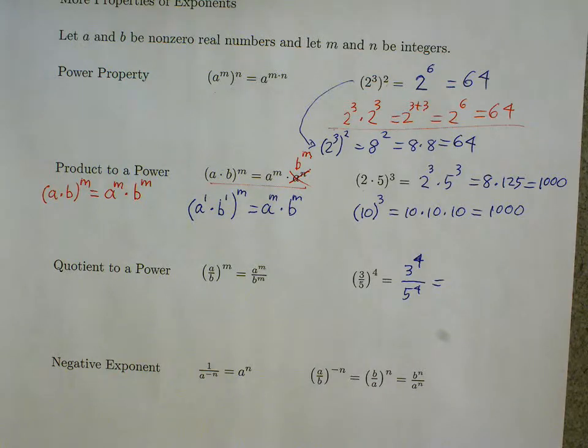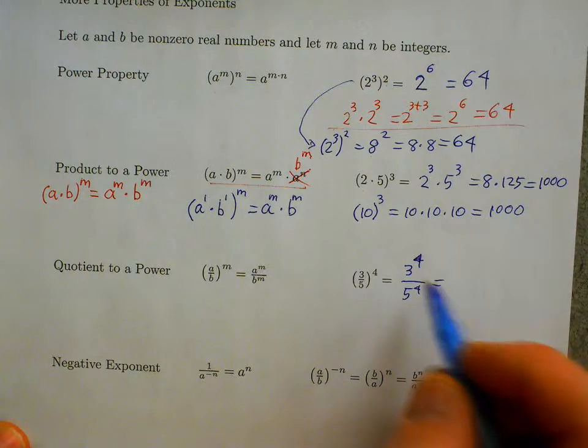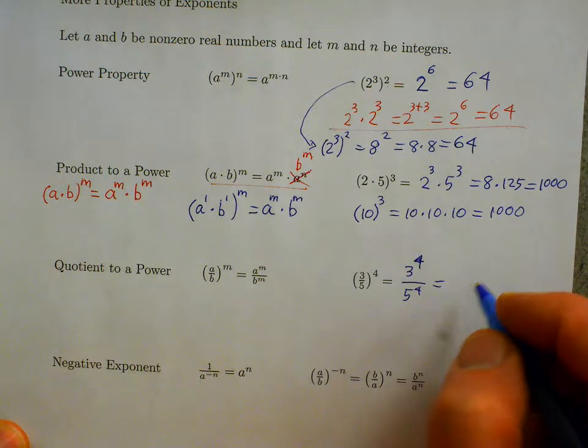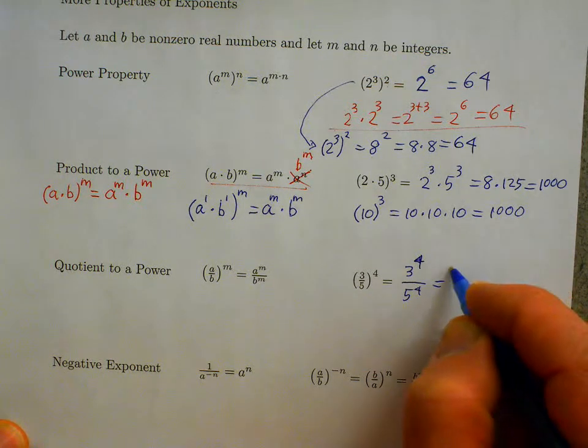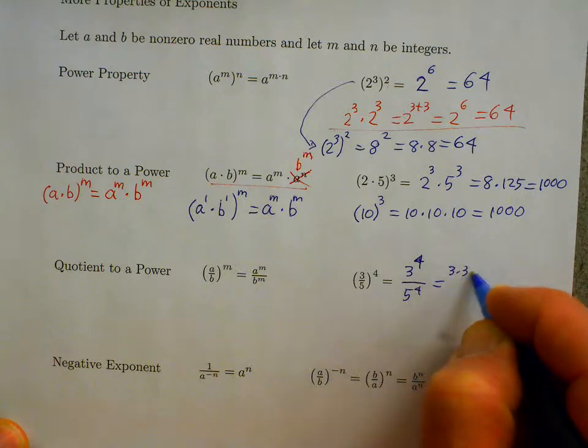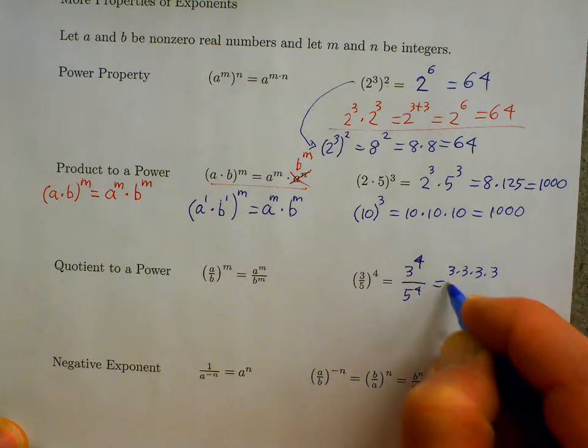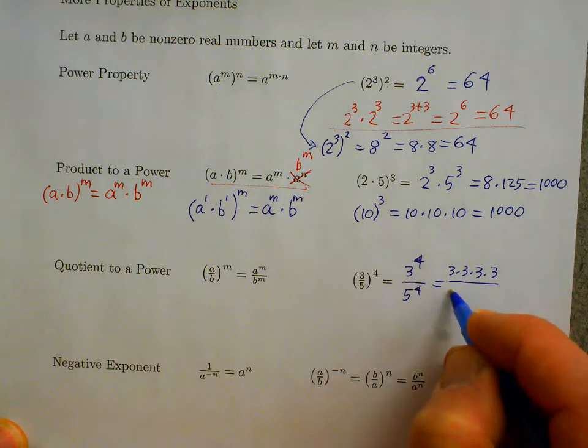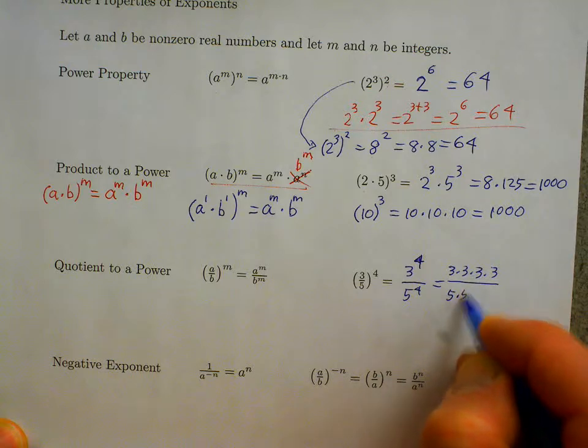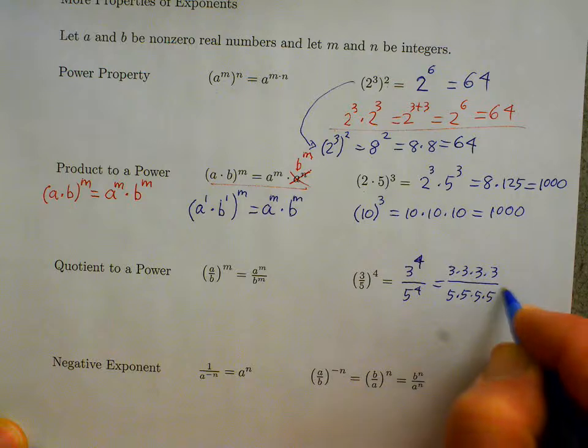In the numerator, 3 to the 4th, that's just 3 times 3 times 3 times 3. So how much is that? 81. Yeah, it's 81. In the denominator, 5 to the 4th is 5 times 5 times 5 times 5.